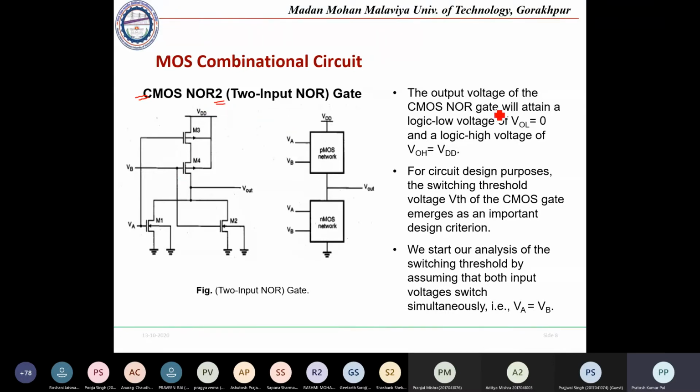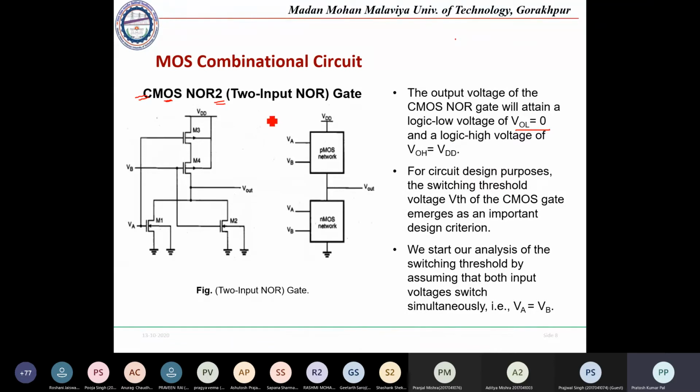So what is the advantage of this? The output voltage of the CMOS NOR gate will attain a logic low voltage of VOL equal to 0. In the case of depletion type NMOS as a load, we were getting VOH equal to VDD, but for VOL we were getting some fixed value that is not equal to 0.